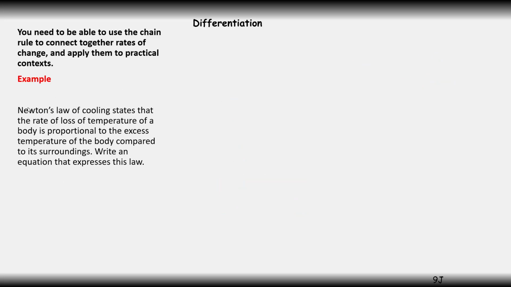Right, so in this example we've got Newton's law of cooling. It states that the rate of loss of temperature of a body is proportional to the excess temperature of the body compared to its surroundings. Write an equation that expresses this law. Same as before, we've got to write a differential equation.